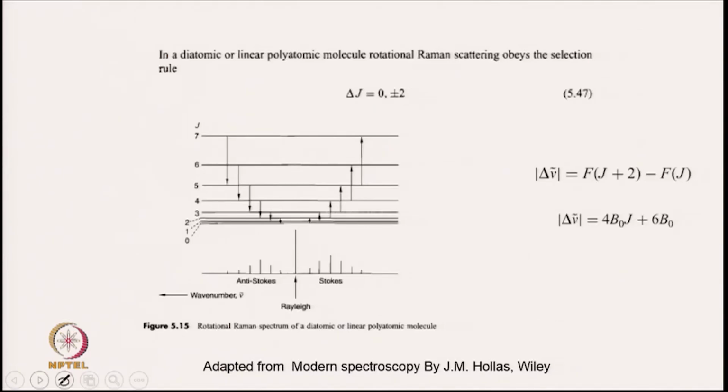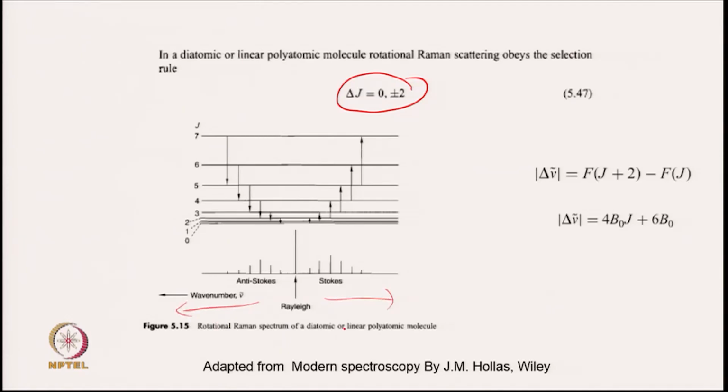So this is your typical rotational spectra. In this diatomic or linear polyatomic molecule, your gross selection rule for rotational Raman scattering is delta J equal to 0, plus minus 2, and this is wave number. So this side is your anti-Stokes line, this side is the Stokes line.